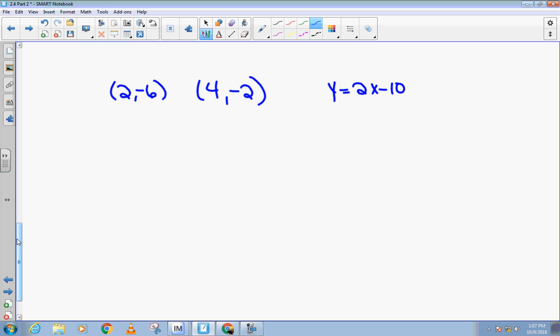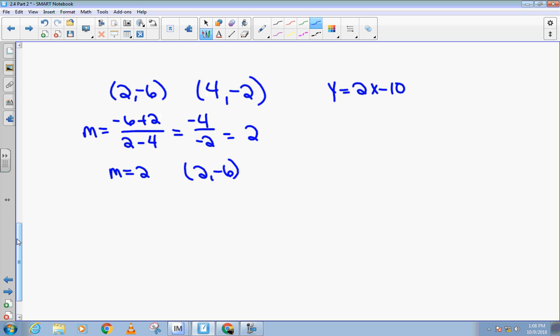What's the first thing we have to find? Slope. Alright, so the slope: negative 6 minus the negative 2 over 2 minus 4. That gives me negative 4 over negative 2, which is 2. So my slope is 2. And then I have to pick one point. It doesn't matter which one. Which one do we want to use? Negative 6.